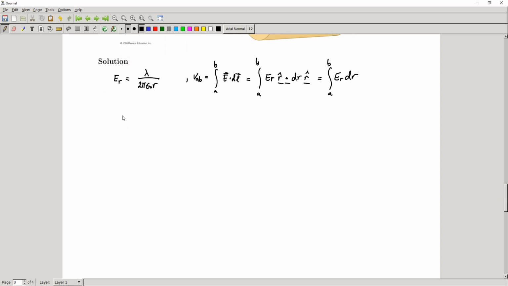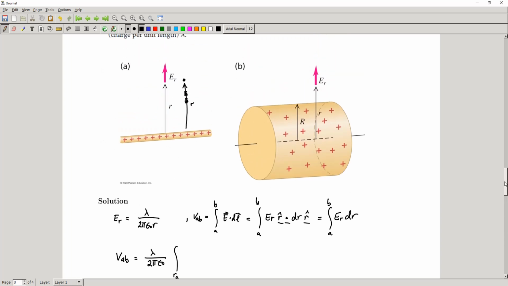We're going to end up with V_AB equal to, and now I'm just copying from above, lambda over 2 pi epsilon naught. The r has to stay inside the integral. When we say point A to point B, what we really mean is some r_a.